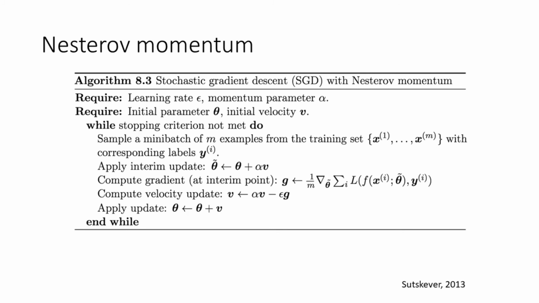We need to store V, weights tilde, G, and weights. Yeah, so that's what I'm getting as well, 4M. Does that make sense? V and G are the size of the parameters because we have the gradient with respect to the parameters.